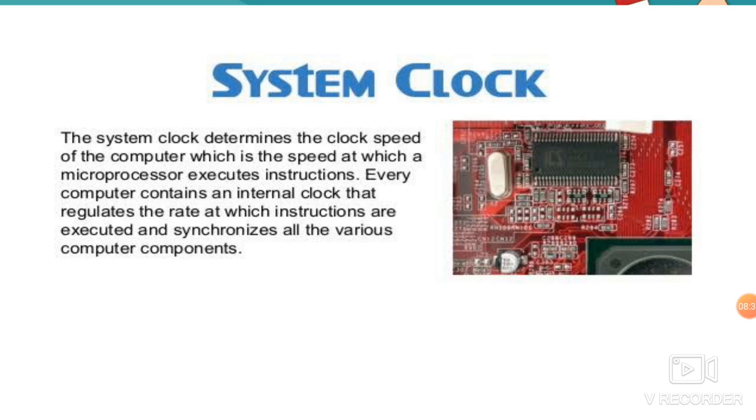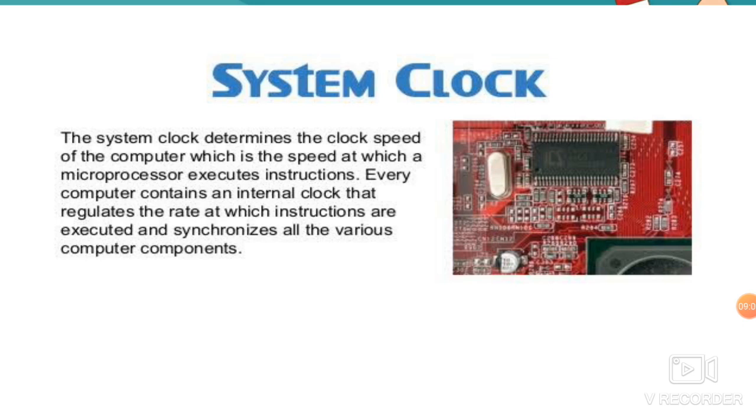Next comes the system clock. You must have seen that when you switch on the system, a clock is there at the desktop taskbar, and that clock continuously works like your watch in your hand, like the clock on the wall. That is called the system clock. System clock determines the clock speed of the computer, which is the speed at which a microprocessor executes instructions.